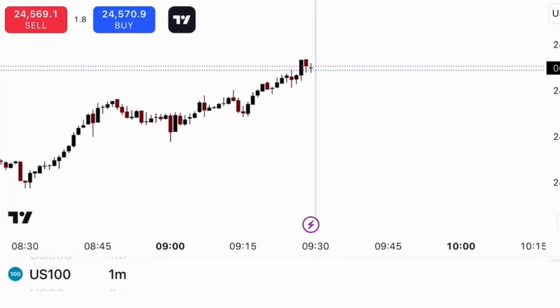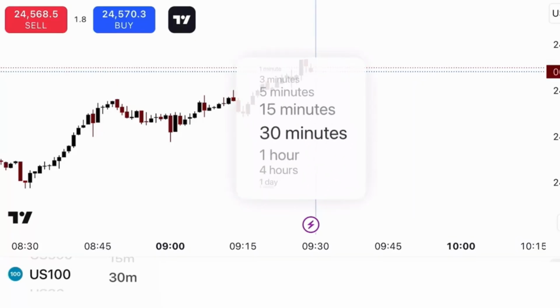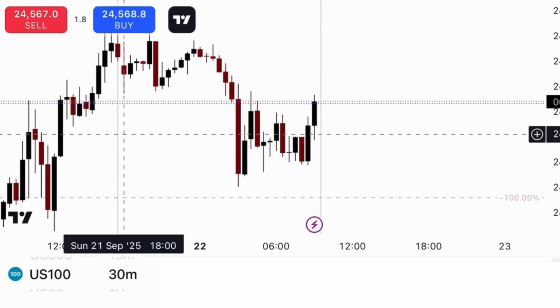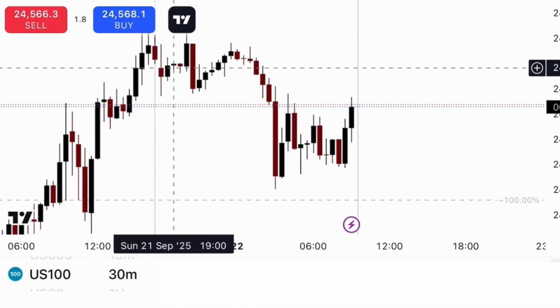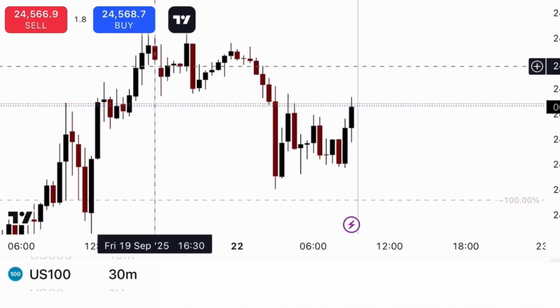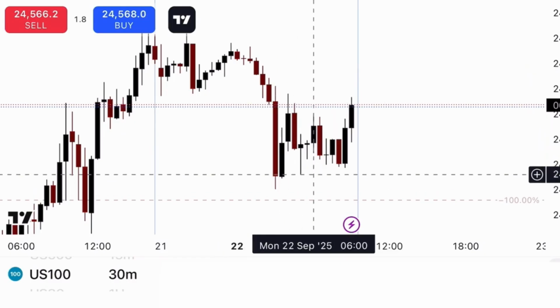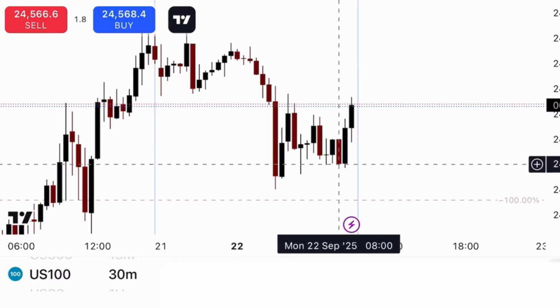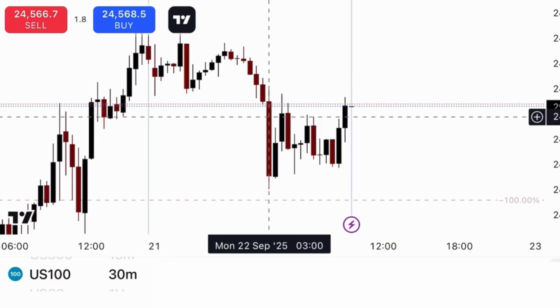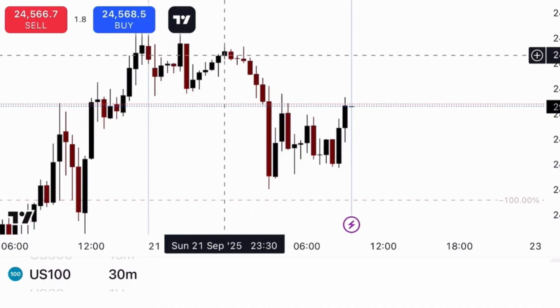In only 20 seconds it will be 9:30. The price expanded down until here. There is a new day opening gap right here, new week opening gap actually, and there are multiple low resistance liquidities down here, equal lows, but also low resistance liquidities in the buy side.